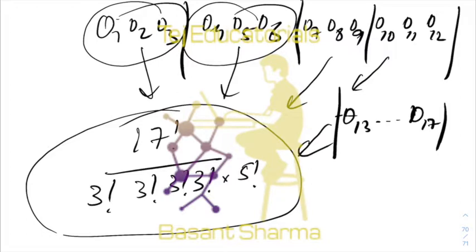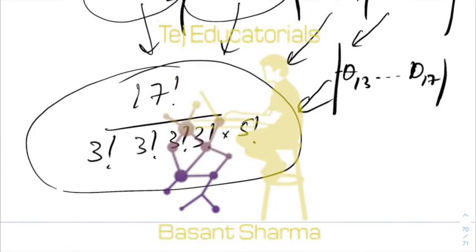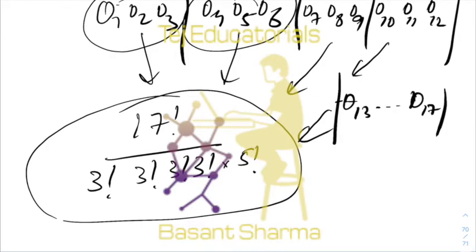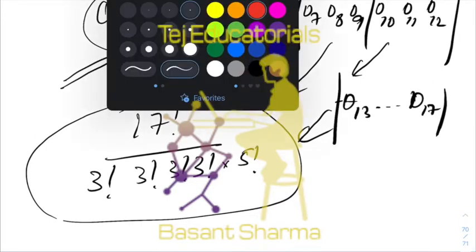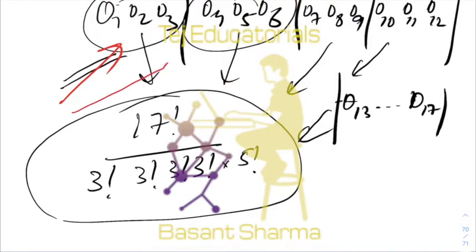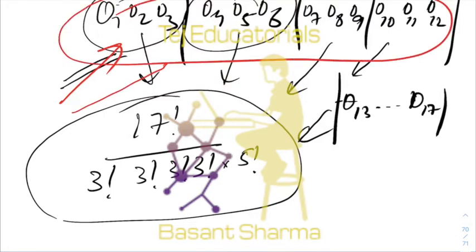But at this point we have depermuted only the intra permutations. This depermutation does not account, for example, for the following. One of the groupings is this, given by this red box.